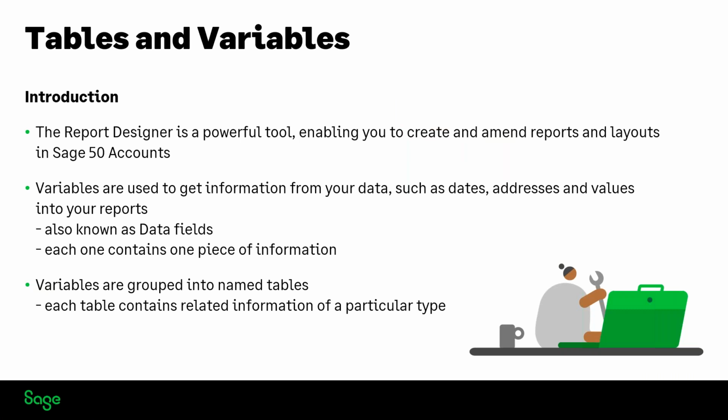So the name variable, which we'll have a look at in a few minutes, in the customer table would contain different information to the name variable from the supplier table. Obviously they both pull names through, but they're contained in different tables. A lot of them almost mirror each other, but they are in different tables, indicating where they pull that information from.